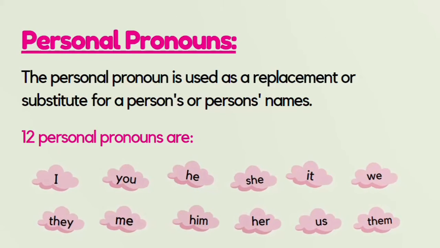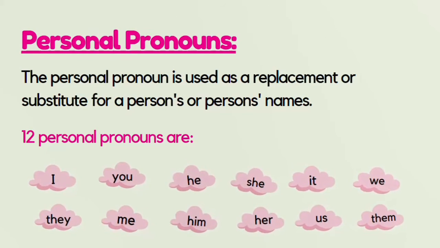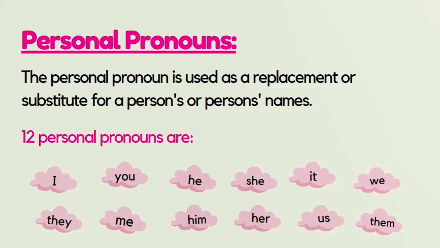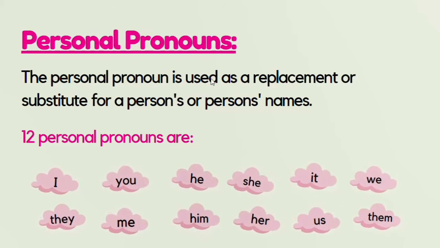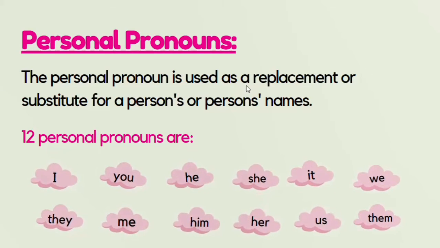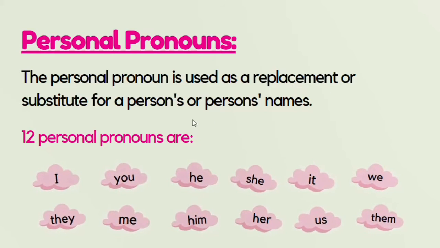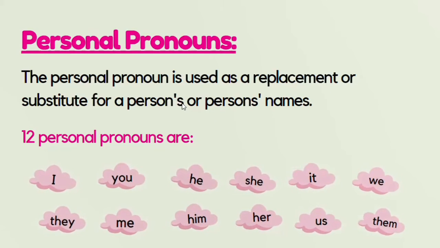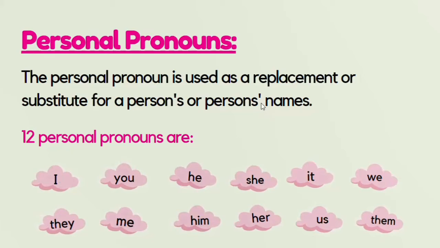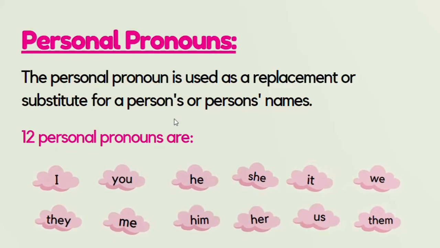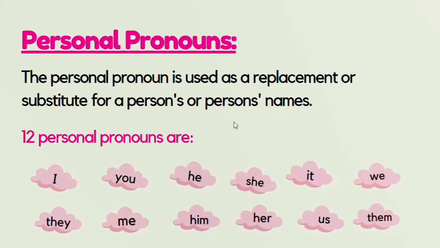Now it's time to learn about the first type of pronouns that we call personal pronouns. So a personal pronoun is a pronoun that is used to replace a person's name or persons' names. Now, if you hear me, I'm saying person's and persons', but see the apostrophe.